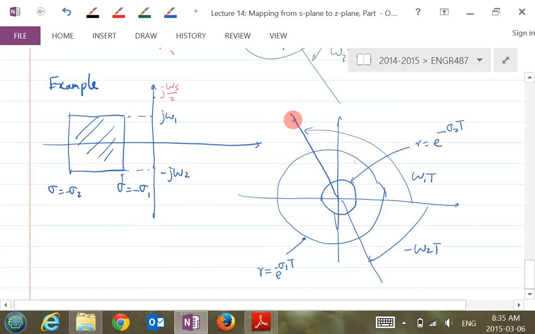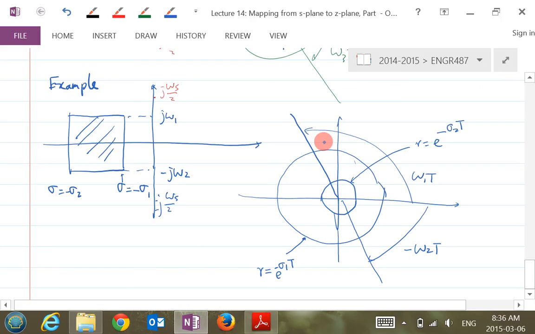So you're assuming that it is symmetric, so both angles would be the same, right? No, not necessarily. You mean omega 1 is the same as omega 2? No. Let's say the negative omega s over 2 part is over here, but they're still within the primary strip. So the two angles here are not necessarily the same.